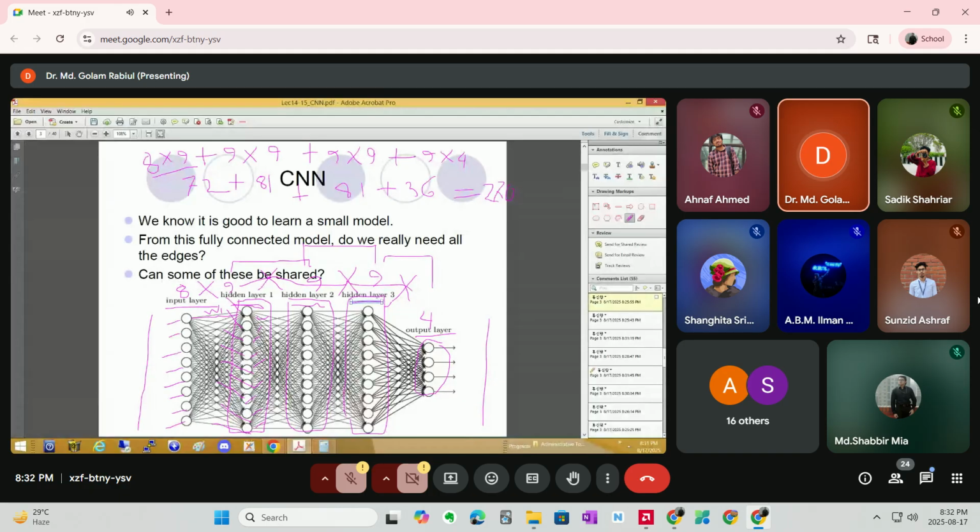So then we have to think about how many biases there are. In hidden layer 1, total 9 neurons, so 9 biases. For hidden layer 2, total 9 neurons, so 9 biases. For hidden layer 3, 9 neurons, so 9 biases. Plus for the output layer, 4 neurons, so 4 biases.